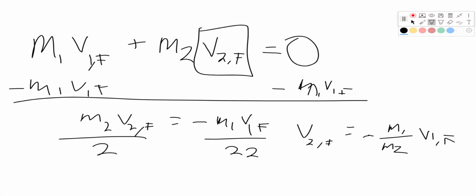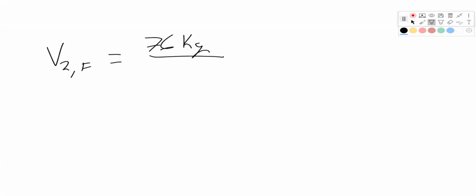So now we can just plug our numbers in to that particular equation. We'll have velocity 2 final. We know it's a 76 kilogram boater. We need a negative sign here. And we know it is a 45 kilogram boat times 2.5 meters per second. And that is to the right.